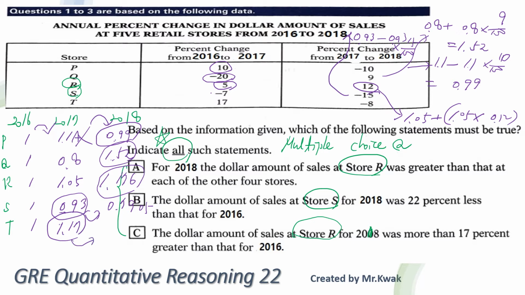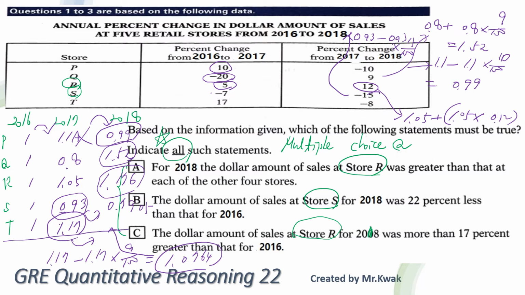And then in 2018 about T, 1.17 minus 1.17 multiplied by 8%, in that case 1.0764.